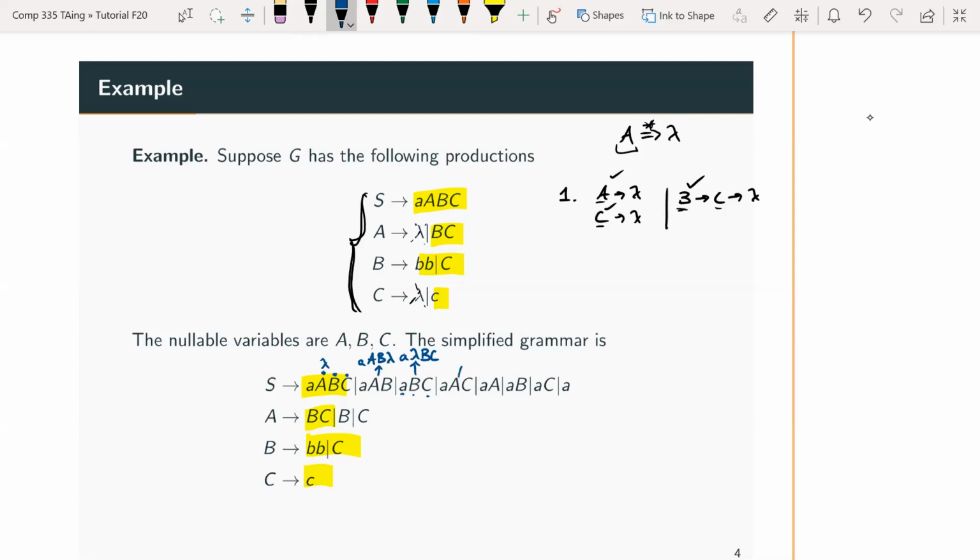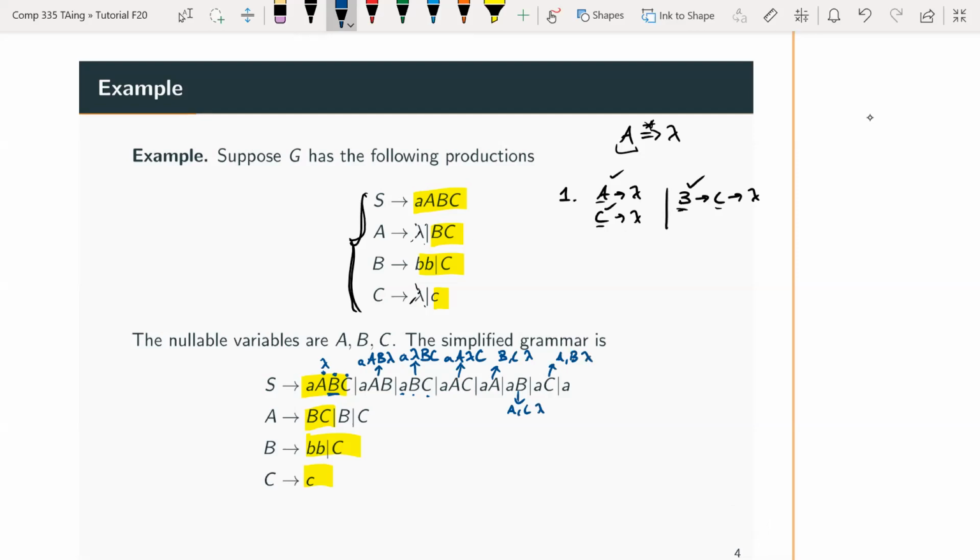Then the same thing for AC. In this case, I'm doing A lambda C, so in other words, I replace the variable B here by lambda. That was for replacing a single variable by lambda. Then I can do it for two variables. Here I'm replacing B and C by lambda, here I'm replacing A and C by lambda, and here I'm replacing A and B by lambda, right?